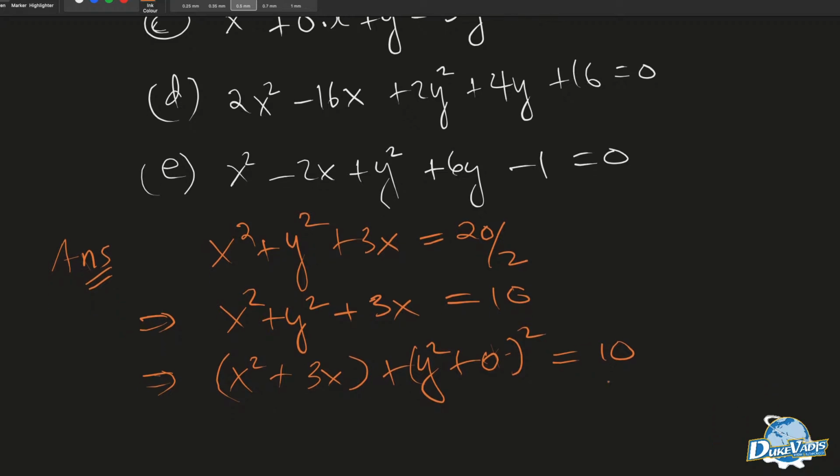So by dividing this one over here, this will be x plus 3 over 2, in brackets squared, then we subtract, minus the 3 over 2 squared. Is that right?